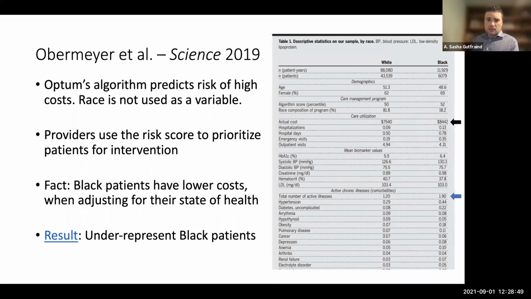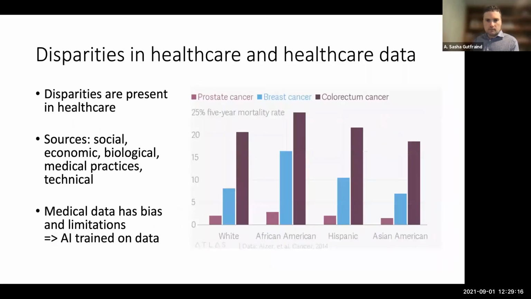And I think the third conclusion we have to highlight is that the data is very challenging. We cannot assume that the data that we have access to is free from problems. In fact, there are some problems sitting under the surface that we need to be aware of. So let me talk a little bit to you about some of the data challenges. This is an example of the kind of disparities and challenges that we have in healthcare data.